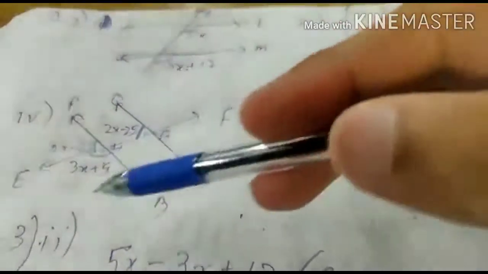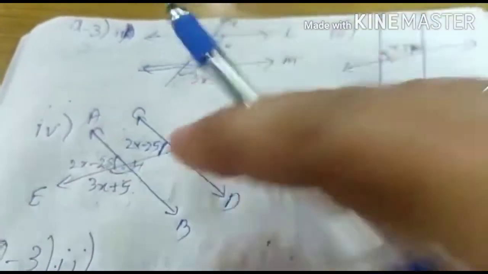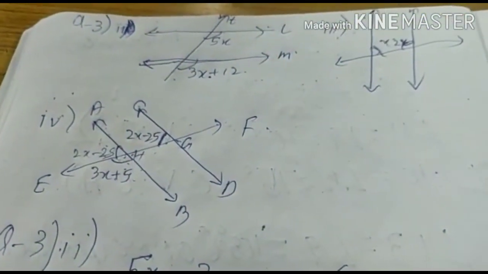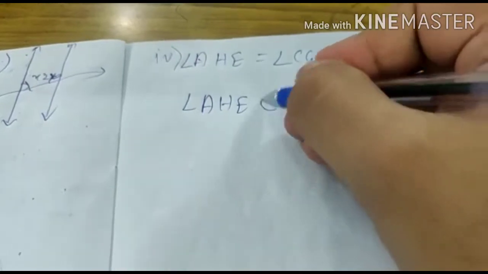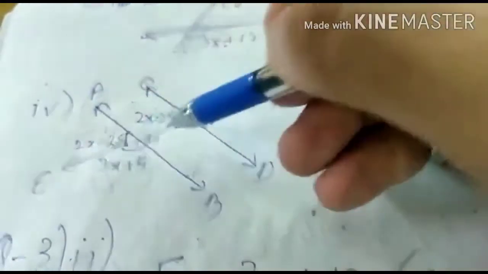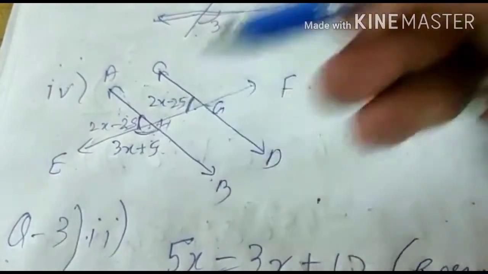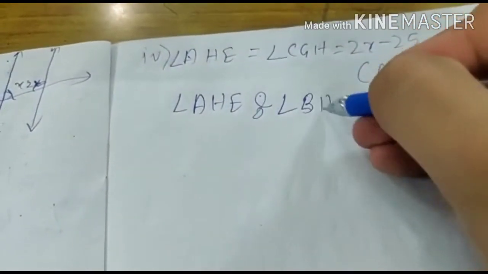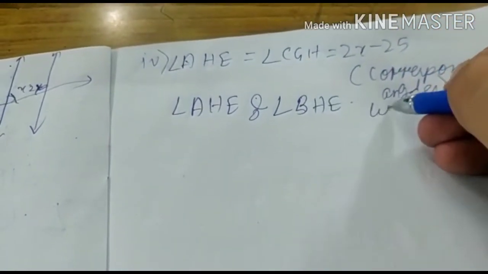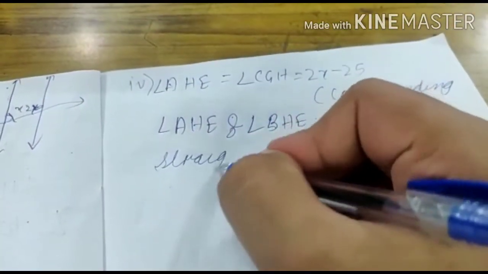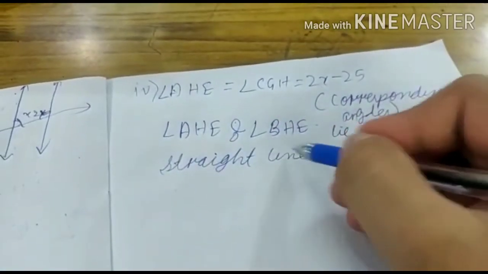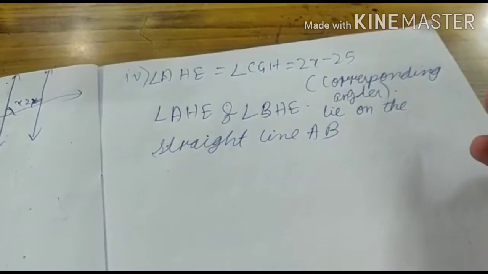So if we see, this and this, they lie on the straight line. Angle AHE means this one, and angle BHE means this one, and they both lie on the same straight line AB.